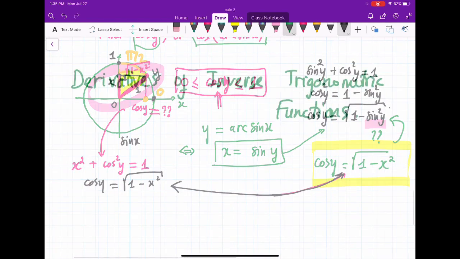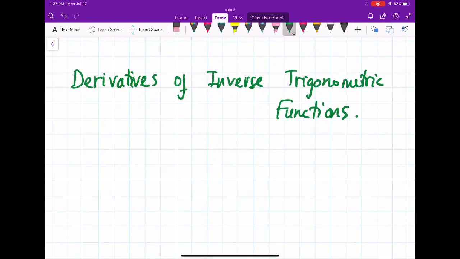Agree? Now let's talk about derivatives of inverse trig functions. It's pretty interesting. Okay, I will show you how to find the derivative of arcsine. Arccosine, arctangent, arccotangent can be found similarly. Okay, so we just need to copy all formulas from the textbook.